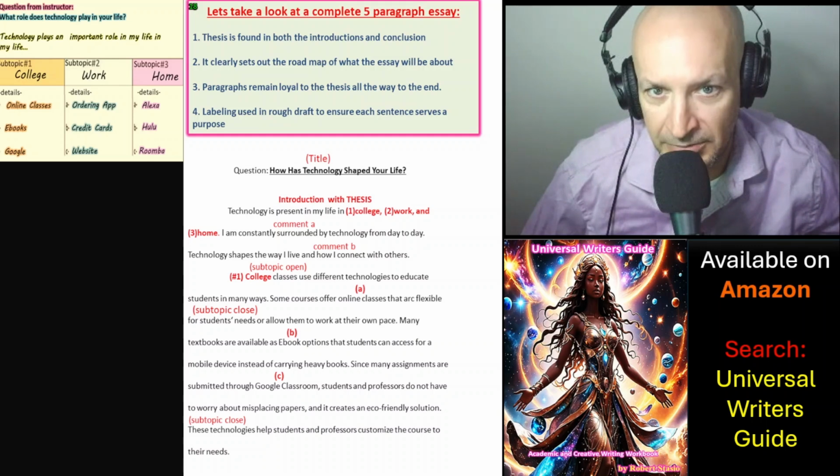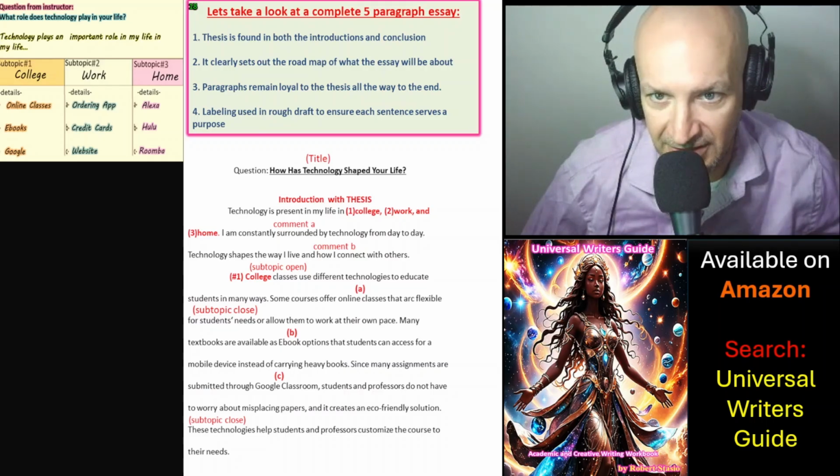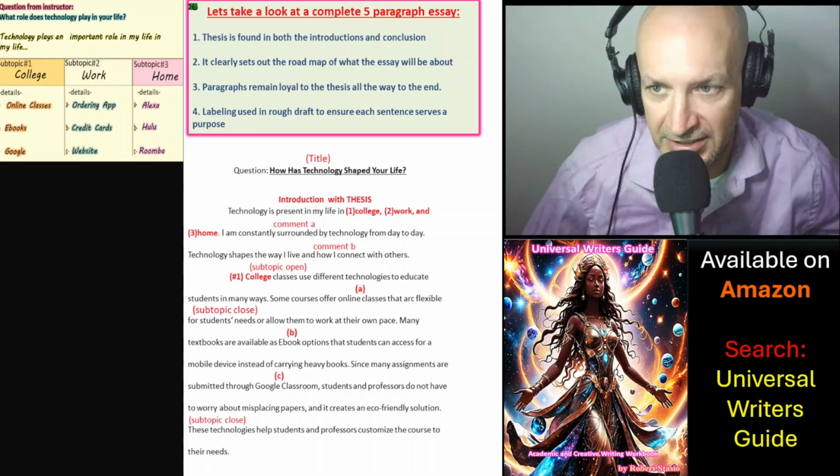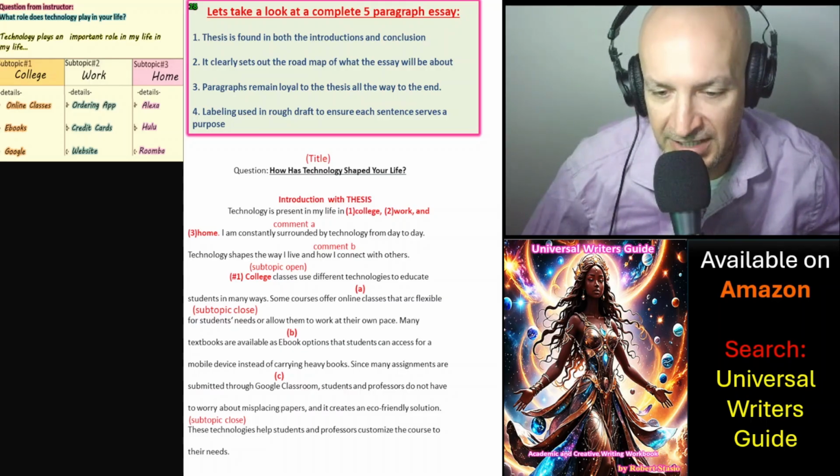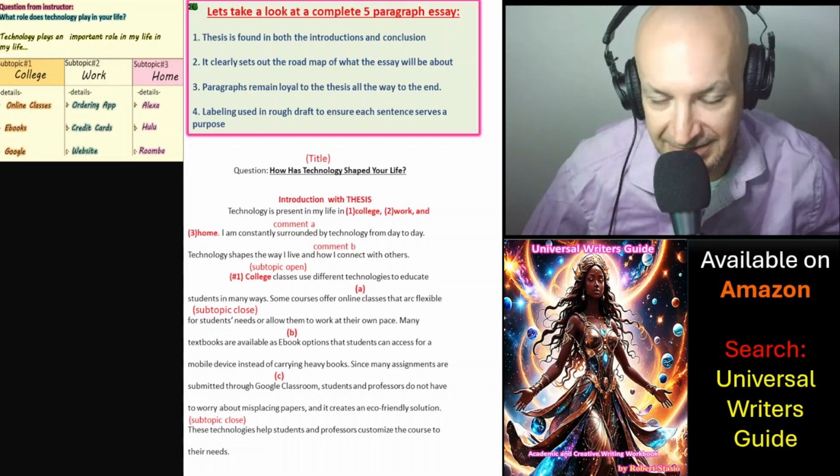Number 3, paragraphs remain loyal to the thesis all the way to the end. Labeling in number 4 should be used in the rough draft to ensure each sentence serves a purpose. Yes, so on your rough draft, print it out, and it doesn't hurt to go through it. It will help a lot.